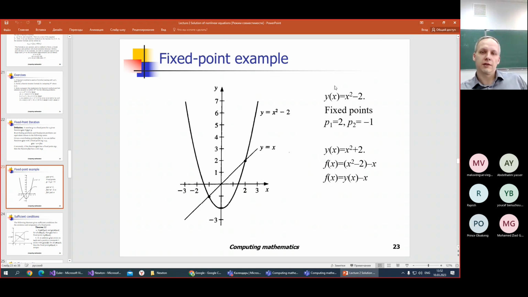If we consider the function y of x equals x squared minus 2, this is the graph of this function.